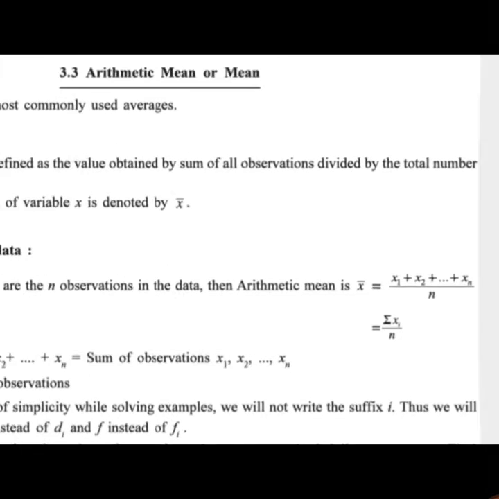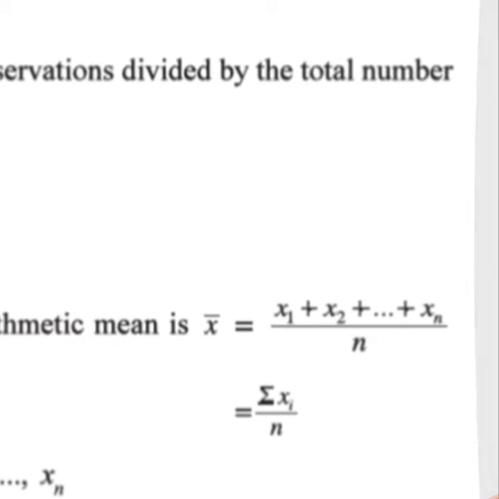The formula is shown this way: x bar is equal to x1 plus x2 plus x3, and it goes till n observations. You add them, and that summation you divide by the total number of observations, which is denoted by small n.